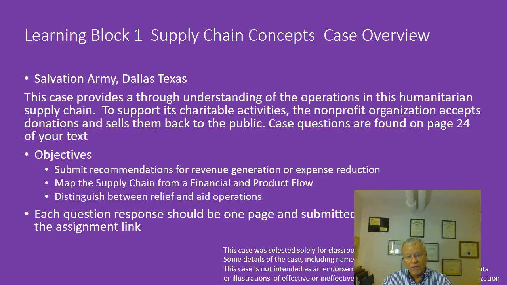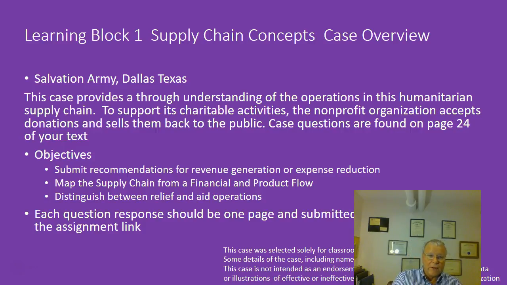If you do the map first, I think you're going to be way ahead of the game, and it'll help you focus on the answers you want to submit back as recommendations. This will be a Word document, maybe 5 to 6 pages, and you'll use the assignment link as it says here in order to do that.